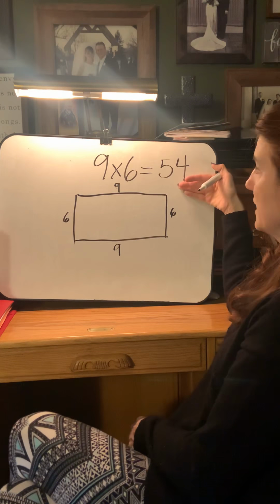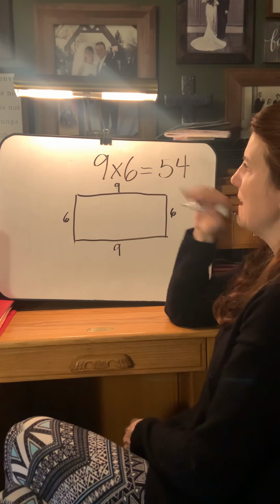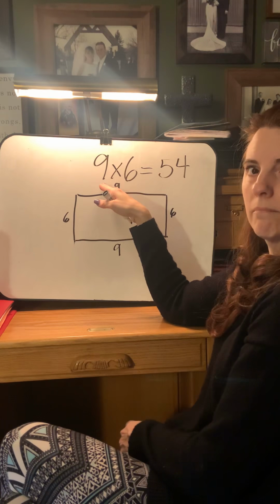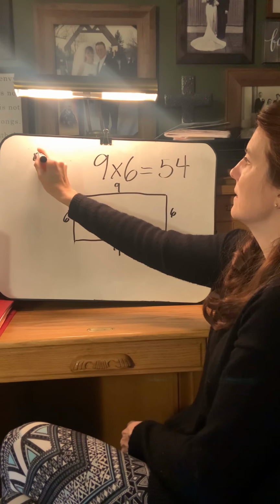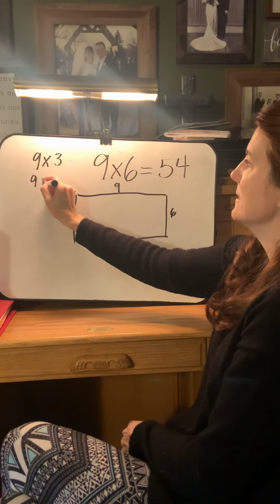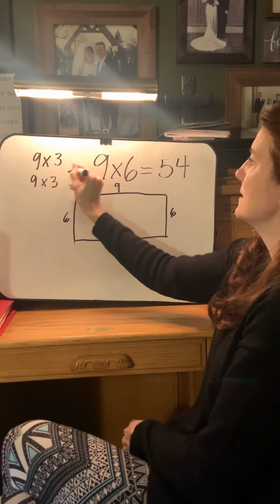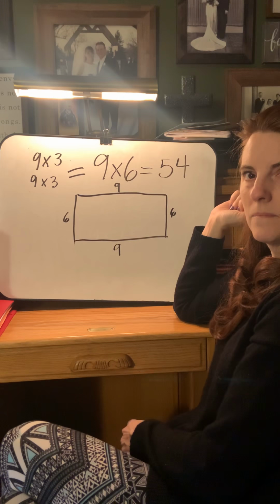Okay, so I already know the answer. But do you remember how we broke that up? We said that 9 times 3 and 9 times 3 was equal to 9 times 6.